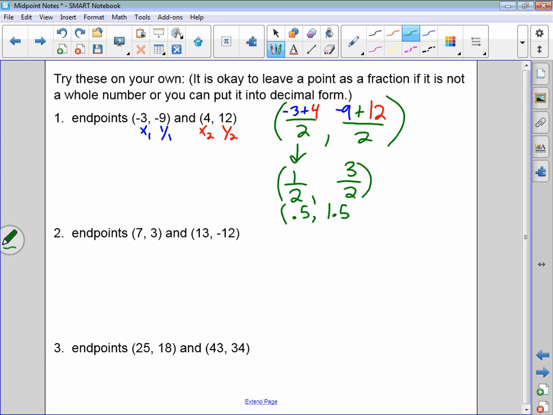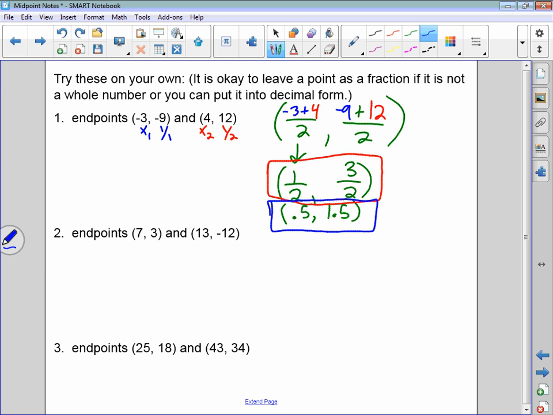I can write that as 1.5. Either one of these would work. These are both a correct answer here and here. Due to the fact that they are mixed or improper fractions, because they do not become whole numbers, we can leave them in fractions or we can put them into decimal form.